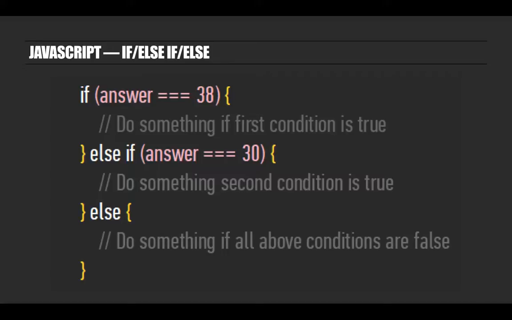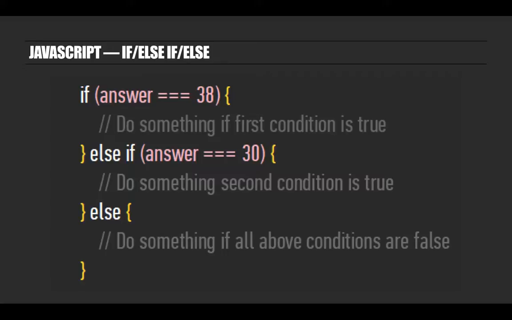If you wanted to, you can keep adding to your conditional logic and add an else if statement. And then if this is true, then it's going to run this. So in this case, we're saying if answer is equal to 38, do this. Otherwise, if it's not, then it's going to keep going in your code. So if this is false, then it's going to keep going.